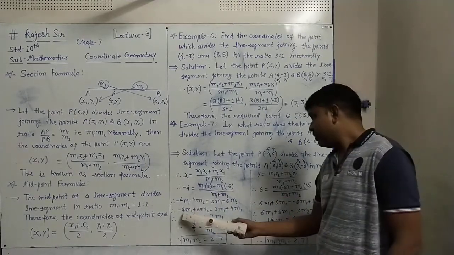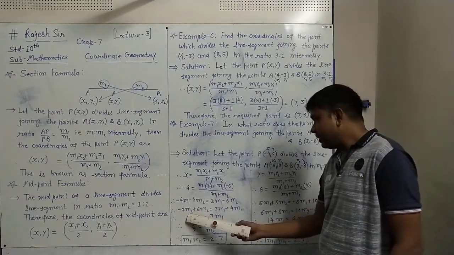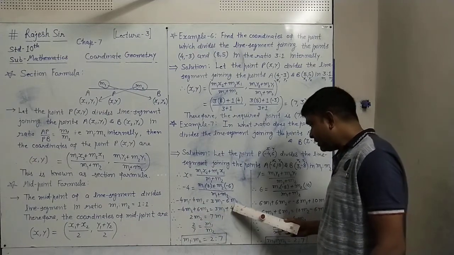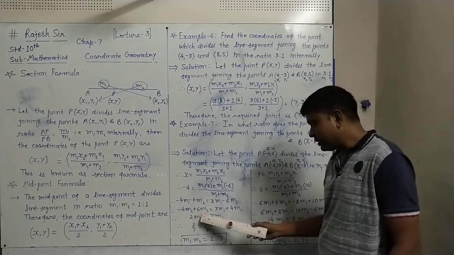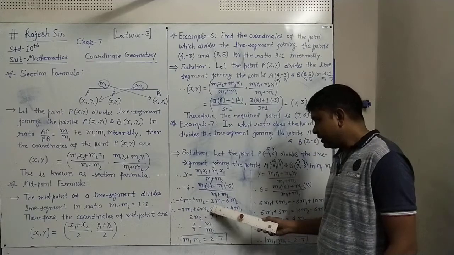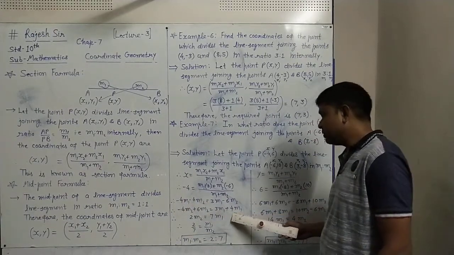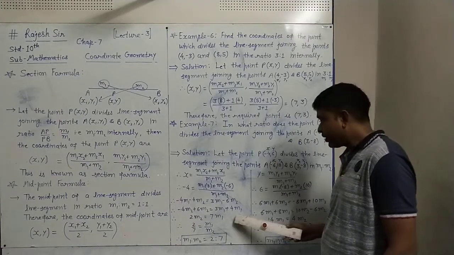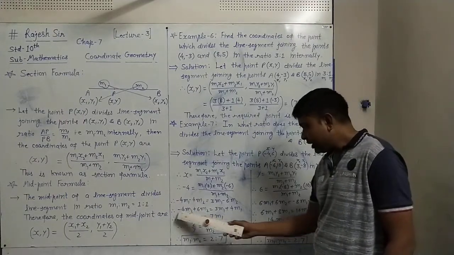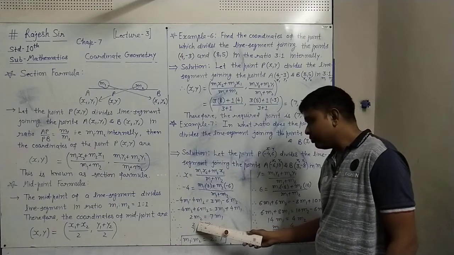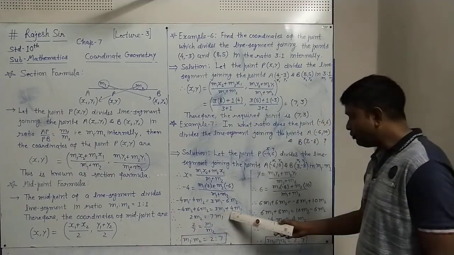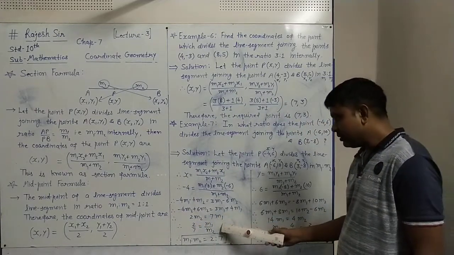Next step, minus 4m2 as it is written here, and this minus 6m2 is taken on the left. It will be plus 6m2 equals 3m1 as it is, minus 4m1 is taken on the right, it's plus 4m1 with the sign change. Here plus 6m2 and minus 4m2 will give 2m2, and here 3m1 and 4m1 will give 7m1.